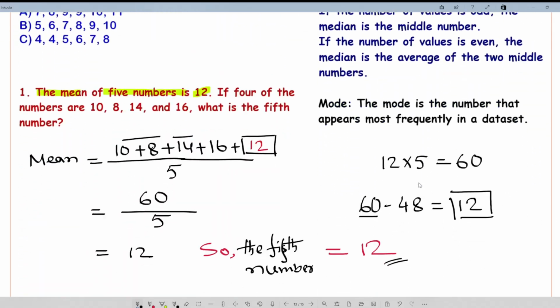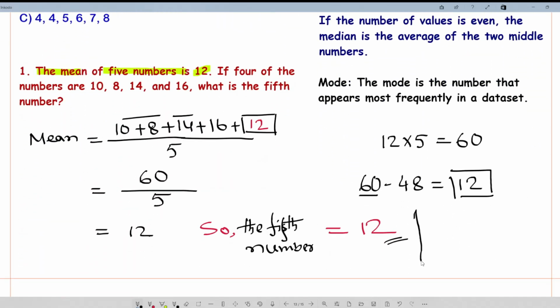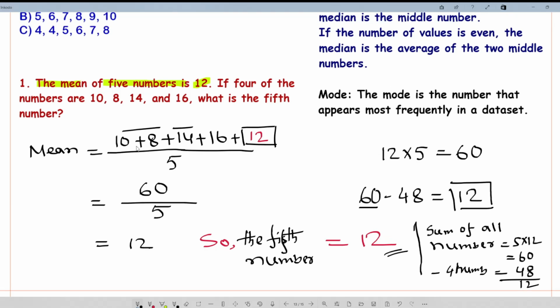So in the answer we can write like this: summation of all numbers equals 5 times 12, 60, minus the 4 numbers equals 48, it means 12. So our answer is 12.